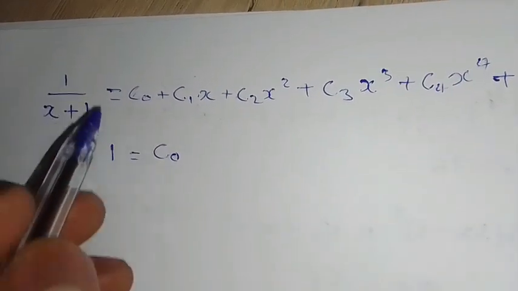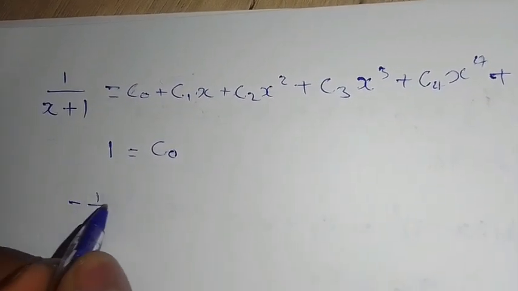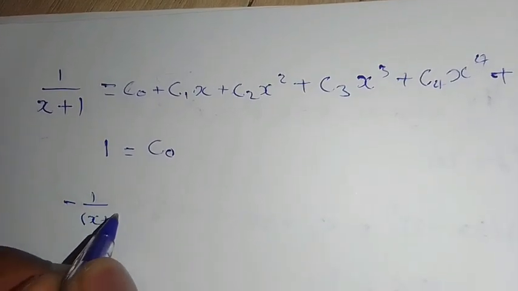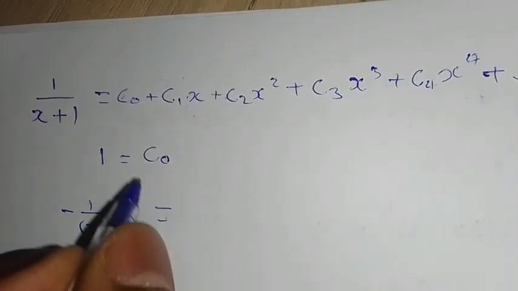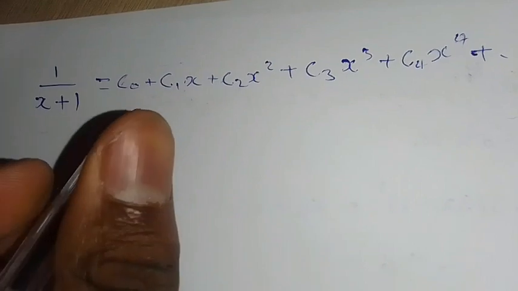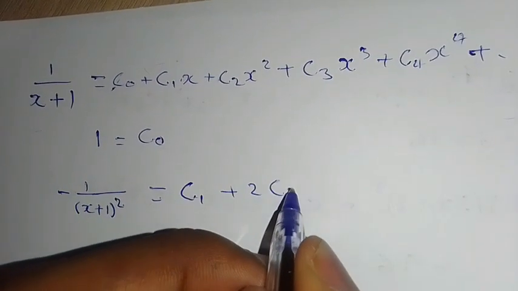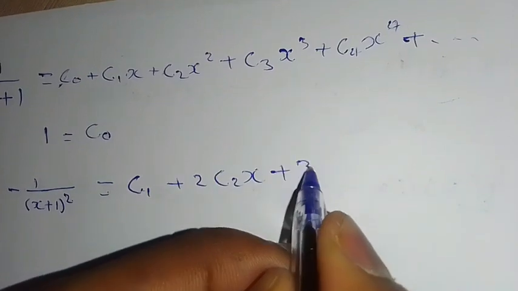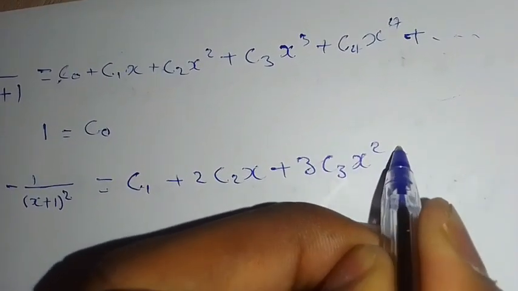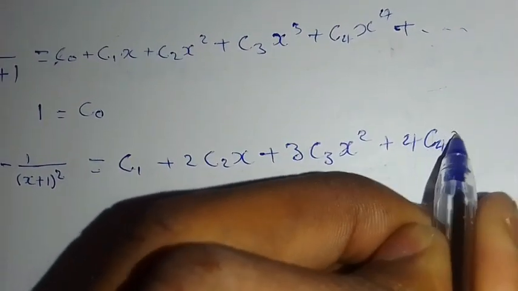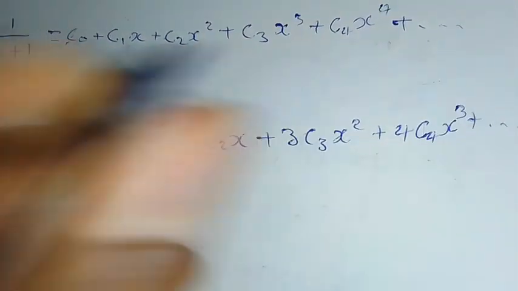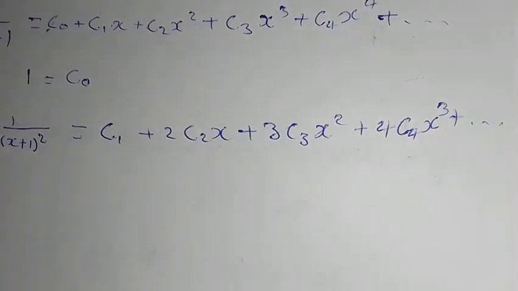If you take the derivative of this one, we end up with minus 1 over x plus 1 squared. If you take the derivative of the other side, the derivative of c naught is 0, so you end up with c1 plus 2c2x plus 3c3x squared plus 4c4x cubed and so on.